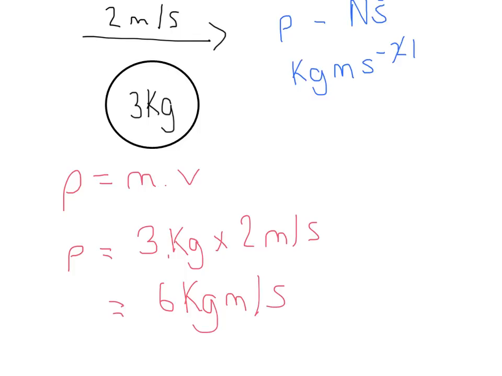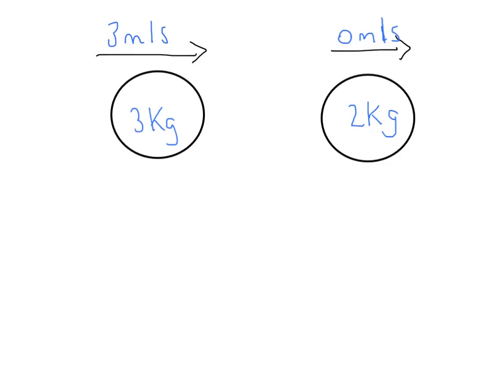Okay, let's move on. There are quite a lot of examples you might come across. You might have two balls, one moving and one not, or the other one could be moving, and you're asked to find out what happens after they have collided.